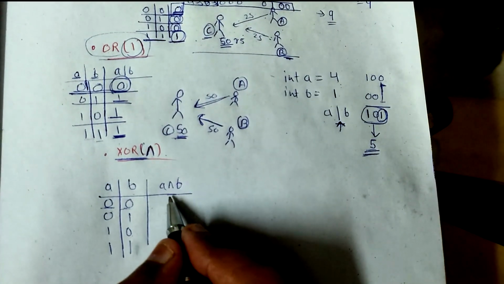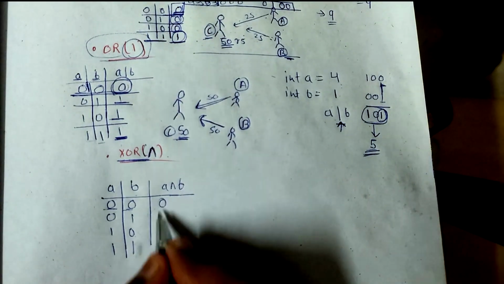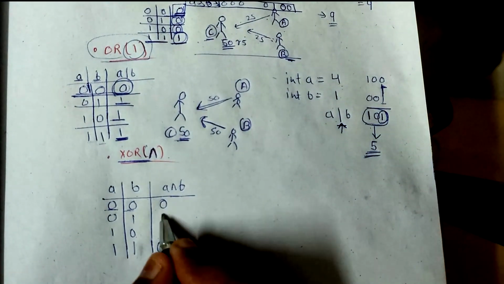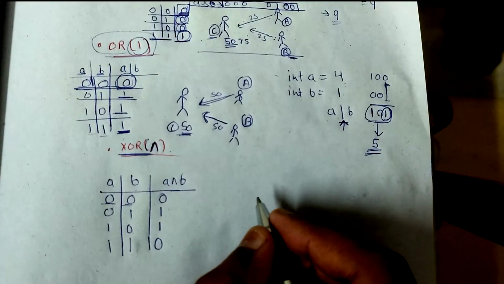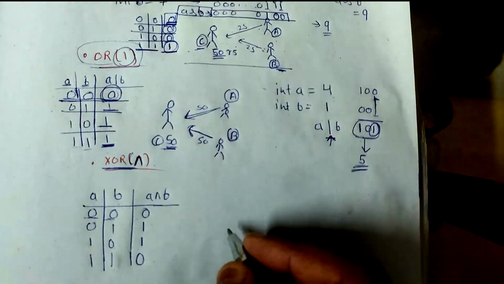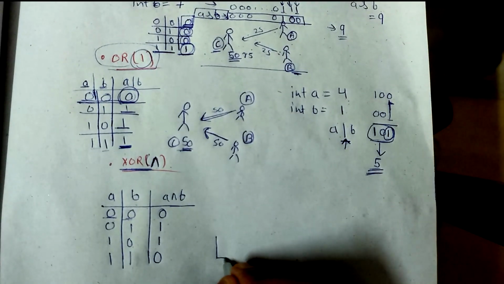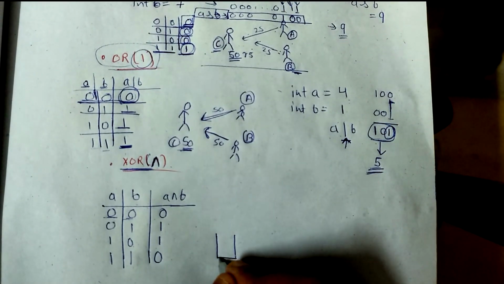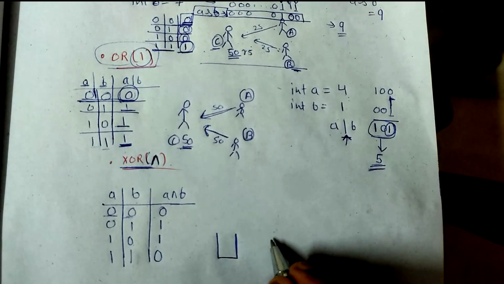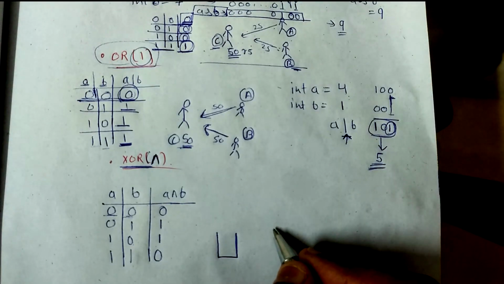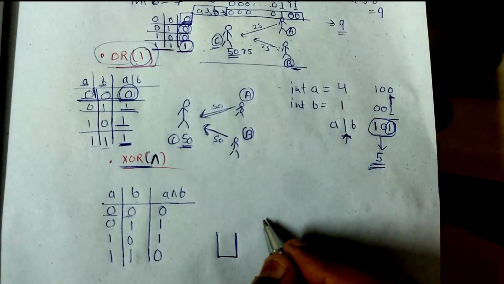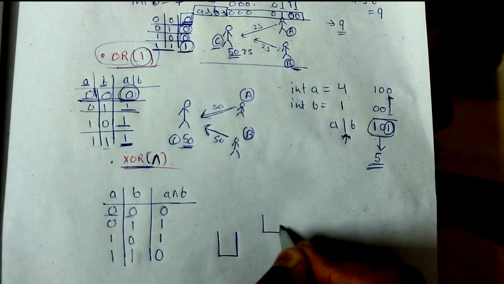So in this case of XOR, it is something like this. To take an example, let's say you have a bucket and you have two more buckets.